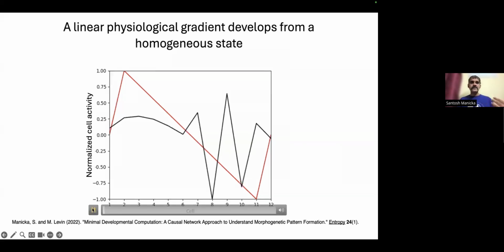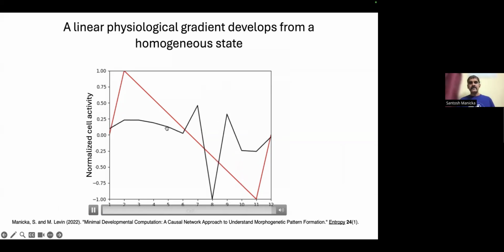So when we run this optimized system, you saw this black line, which started with almost a flat line. And right now it has this jagged pattern, but slowly it turns this jagged line into this ramp-like gradient.